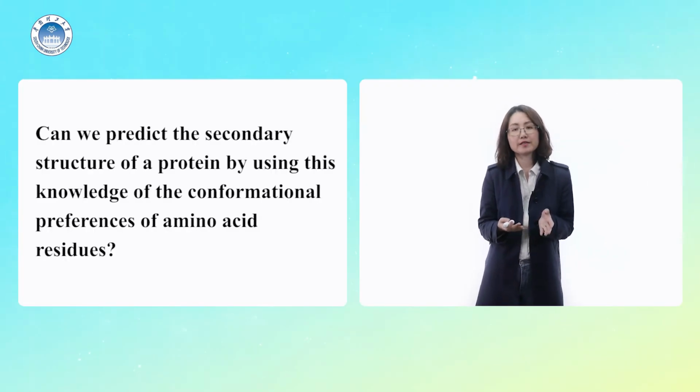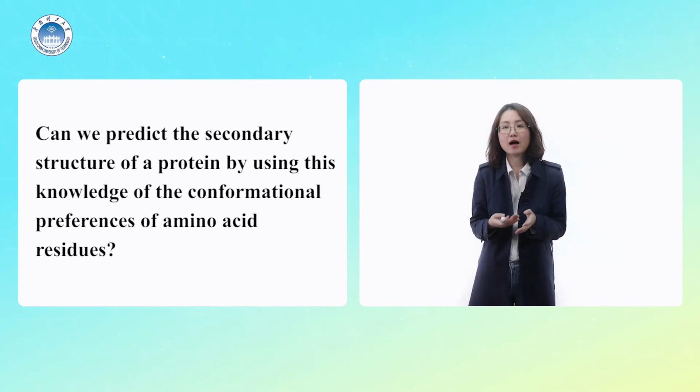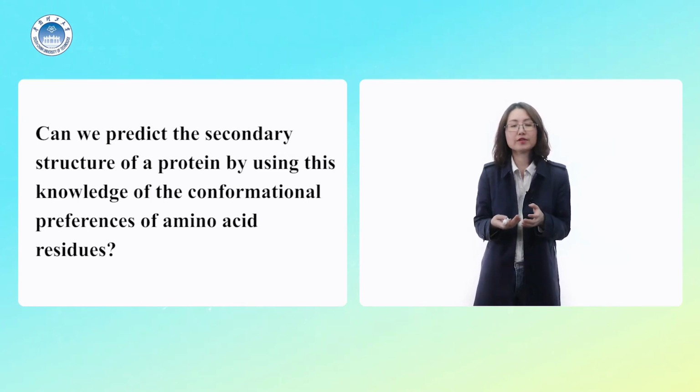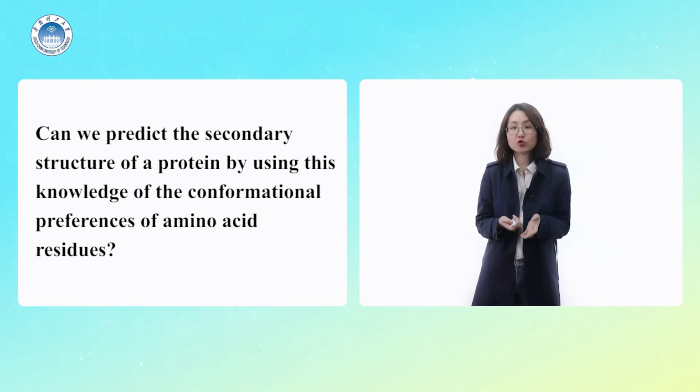Can we predict the secondary structure of a protein by using this knowledge of the conformational preferences of amino acid residues? Accurate predictions of secondary structure adopted by even a short stretch of residues have proved to be difficult.